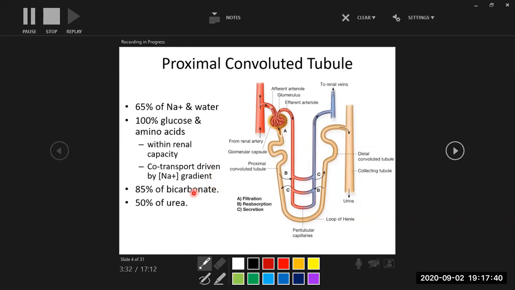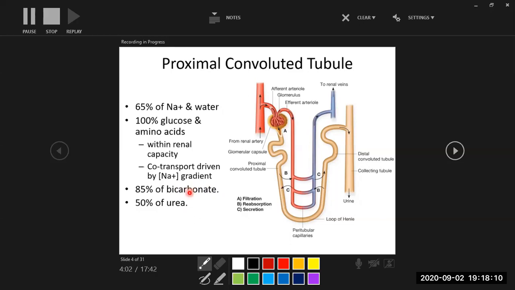We also reabsorb bicarbonate. Not sure if I mentioned this, but bicarbonate is an important buffer system in our body. This is important to maintain our body fluid in the neutral range. So we need that, and we reabsorb 85% of the bicarbonate.